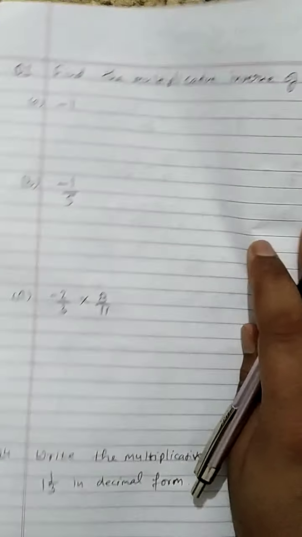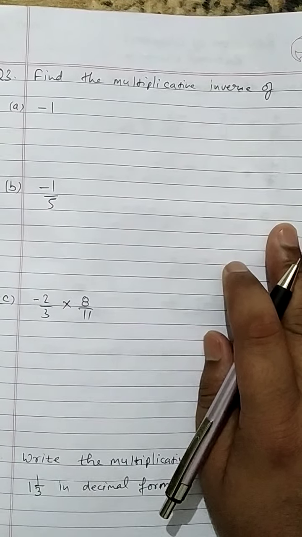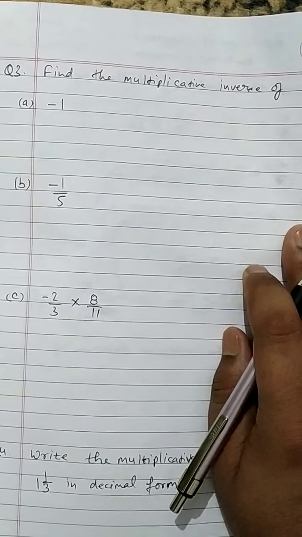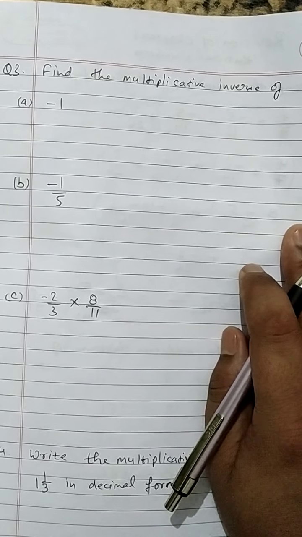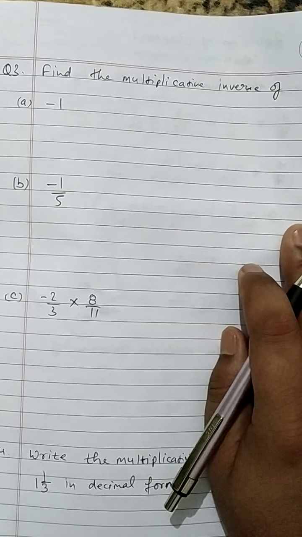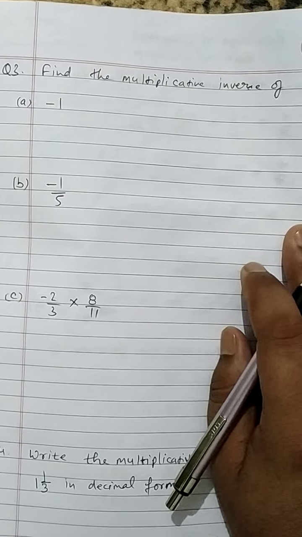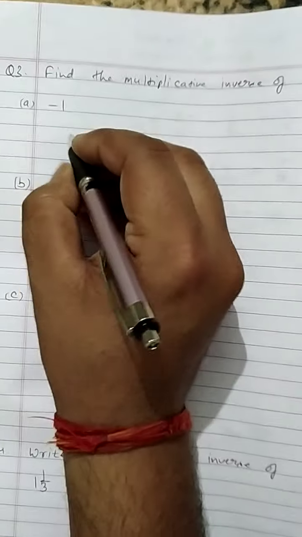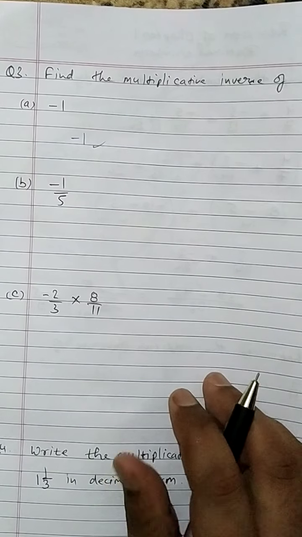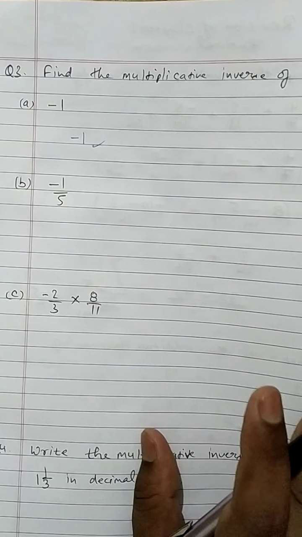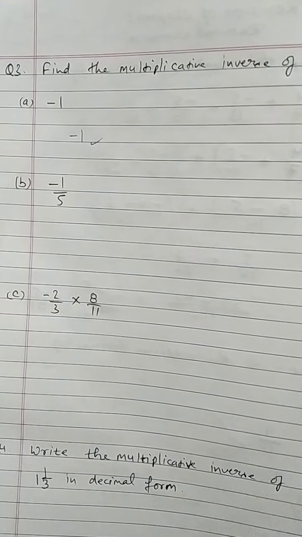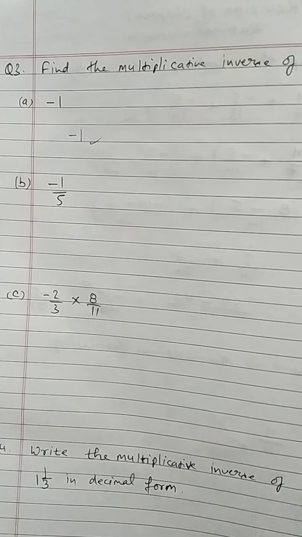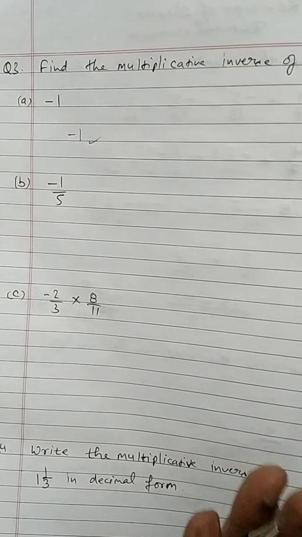Our next question is: find the multiplicative inverse of minus 1. The multiplicative inverse of minus 1 is minus 1 itself, because the reciprocal of minus 1 is minus 1. Okay, so there is no need to remove the sign. Always remember, the minus sign is never removed in the case of multiplicative inverse.